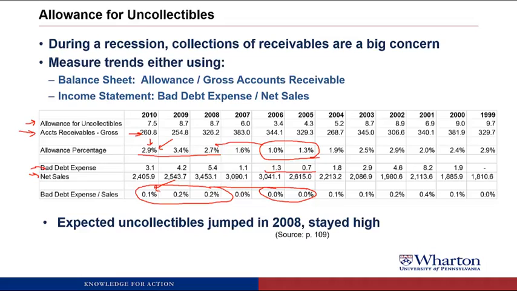Or it could mean that they're trying to artificially raise their earnings by using their discretion to reduce their percentage. I don't think that's the case. Normally, I would be skeptical of that. I actually don't think that's the case in Vulcan's situation because they had a loss anyway, so it didn't really help them. So I think this is probably legitimate good news that they're expecting collections to improve in 2011, 2012.